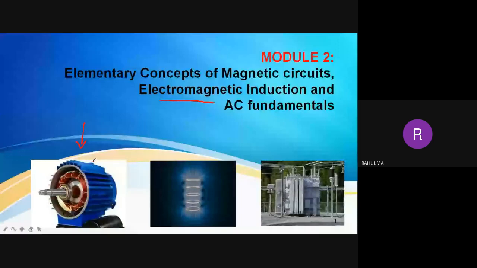And here you can also see one more diagram. This is actually the diagram of a transformer. There will be two windings, and they are not electrically connected. Flux will be flowing from the primary winding to the secondary winding through the core.